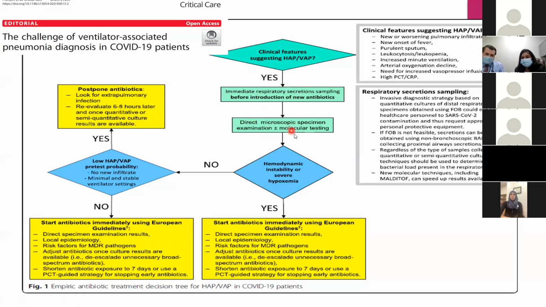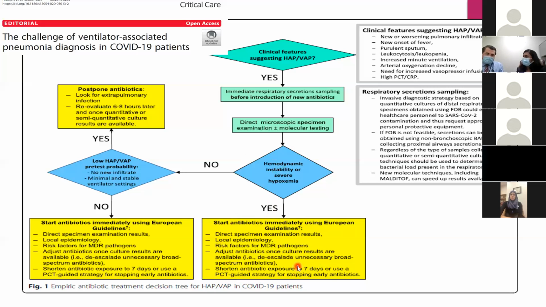That would be like a respiratory pathogen screen. Some people now have pneumonia PCR for bacteria, so if you have that, you could use it. Hemodynamic instability or severe hypoxemia: yes, start antibiotics immediately. And one of the things I want to highlight is at the bottom here, it says shorten antibiotic exposure to 7 days or use a procalcitonin-guided strategy.